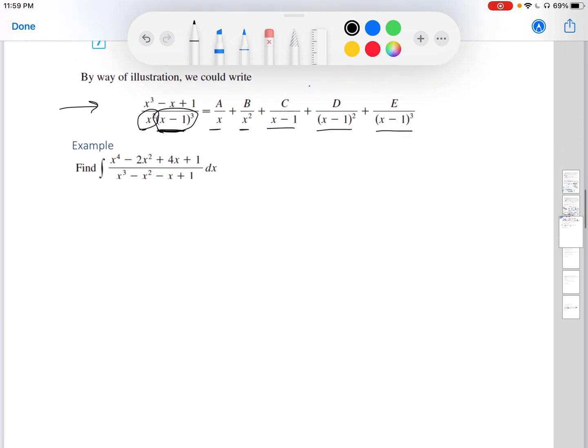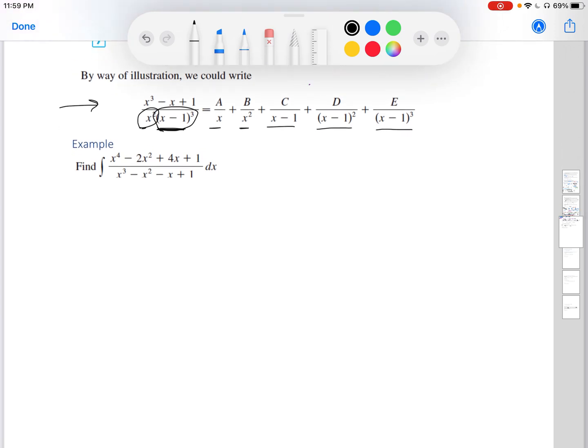All right, let's take a look at this next example. We can go ahead and factor the denominator by grouping. If we group the first two and the last two and factor, it factors to be x squared minus 1 and x minus 1.